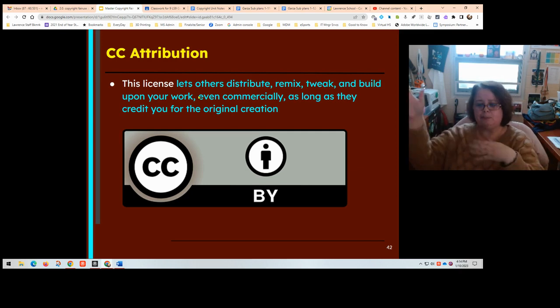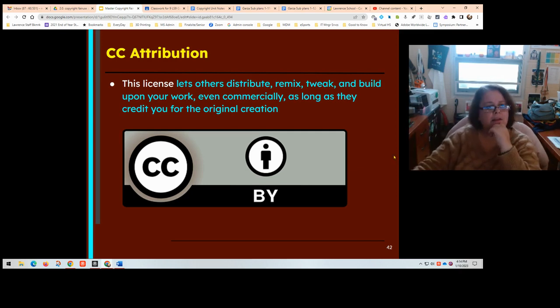As long as I said this is based on so and so song, that would be okay to do. So whenever you see this little guy right here, that means you're attributing your source, and all 6 licenses have you do that, because you never want to say that you created this work. You created the remix. The original was still created by who wrote it and has the license for it.